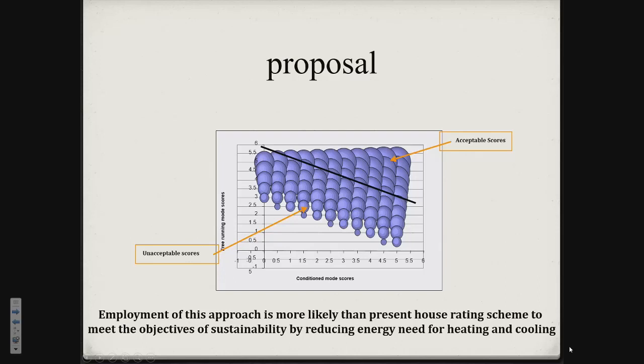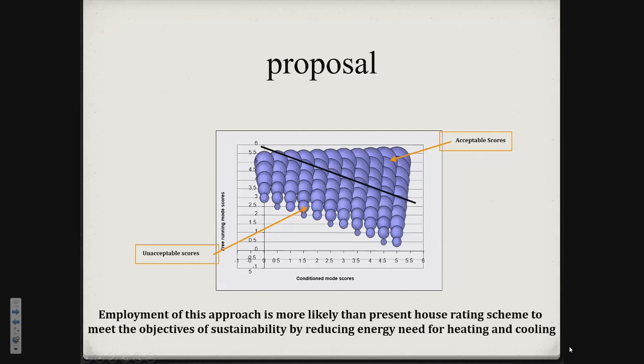That means a building would be assessed in the conditioned mode, and they get up to 6, same as what is happening in the accurate, from 0 to 6 star. Then it is run in the free running mode, and it gets from 0 to 6 star. Depending on the climate, if it is a moderate climate where we can have such a free running building, it gives more value to this type of building and this kind of running. This line can change for different climates.